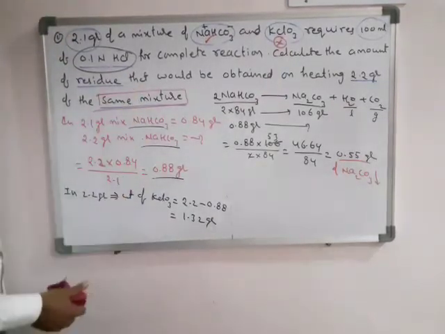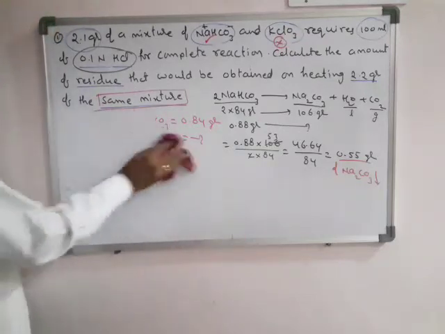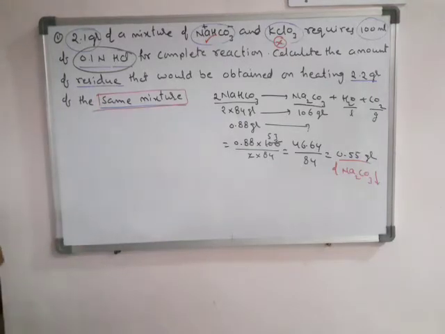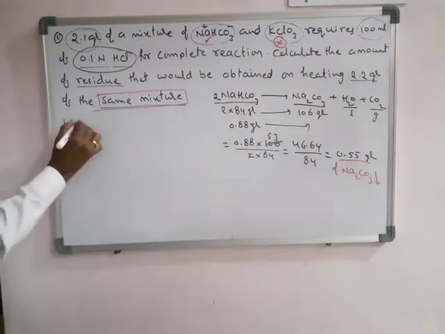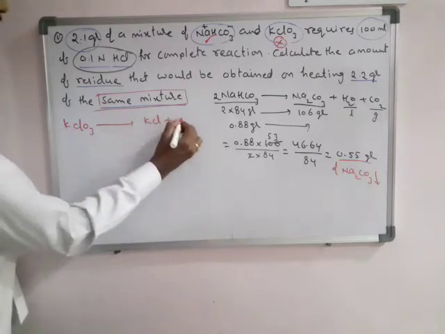Now we see about residue formed by KClO3. KClO3 on heating gives KCl plus O2.